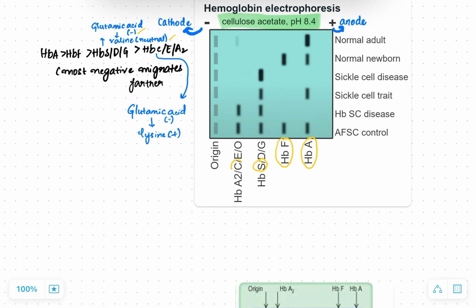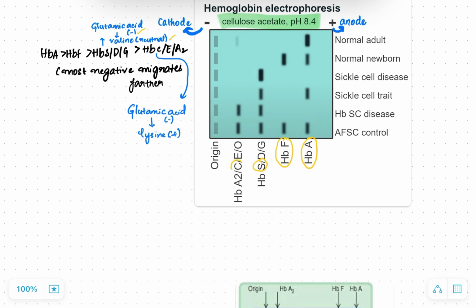In a normal adult we will see HbA in a large amount. In a newborn we will see HbF along with some amount of HbA. So this is a normal newborn. In sickle cell disease we will see HbS predominantly, but there is absence of HbA.